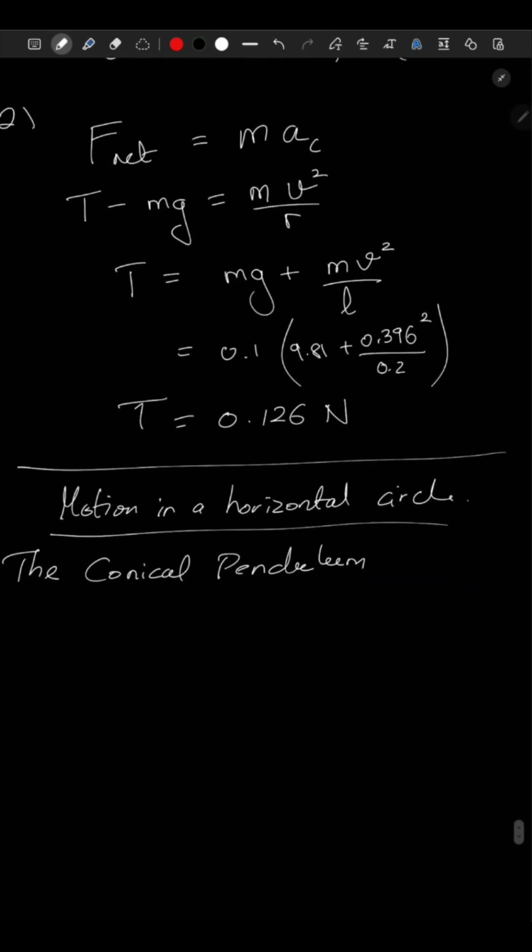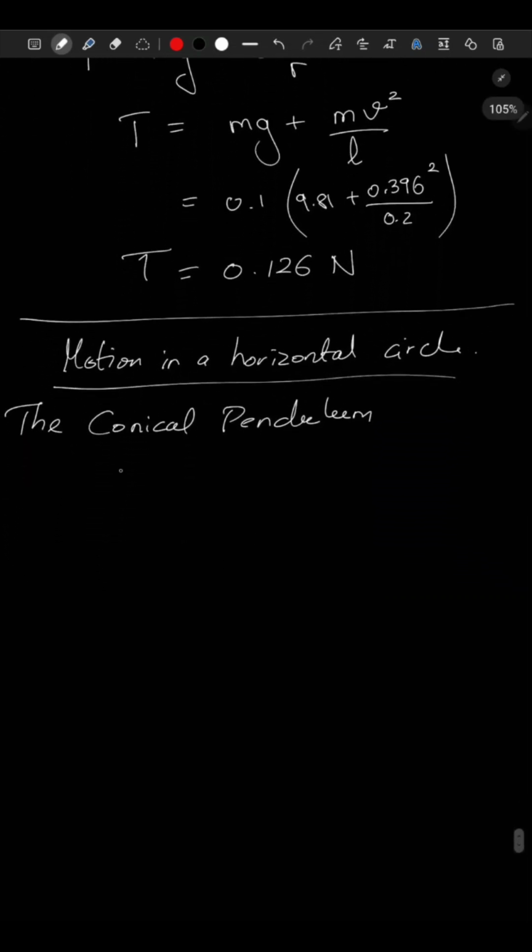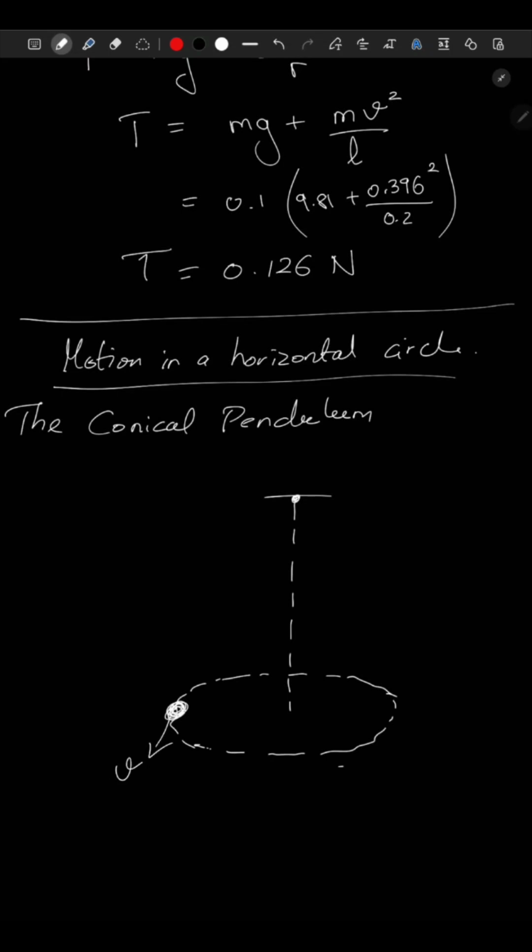In this, we have a pendulum which is fixed at a point, and it will go around a horizontal circle. So it is more like a cone shape. The bob would travel along this horizontal circle.